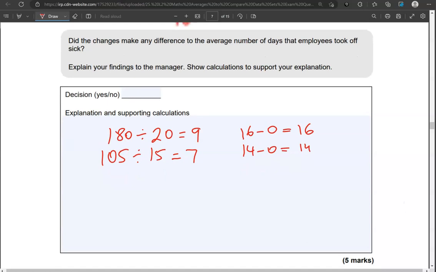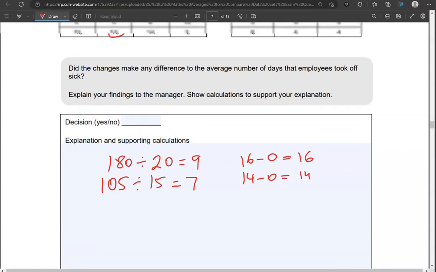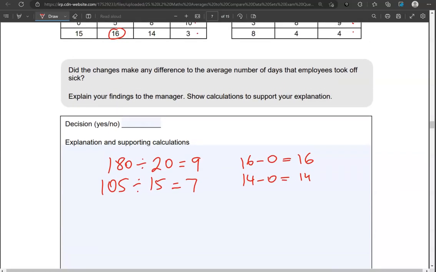So we can say that the changes have made a difference.